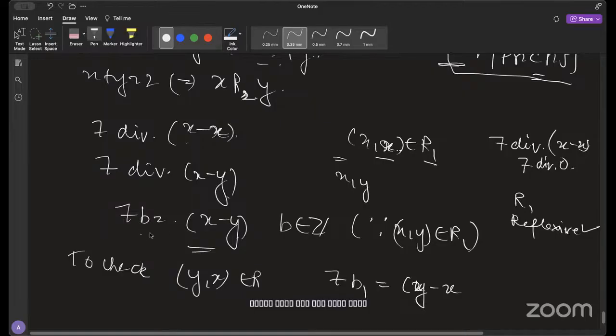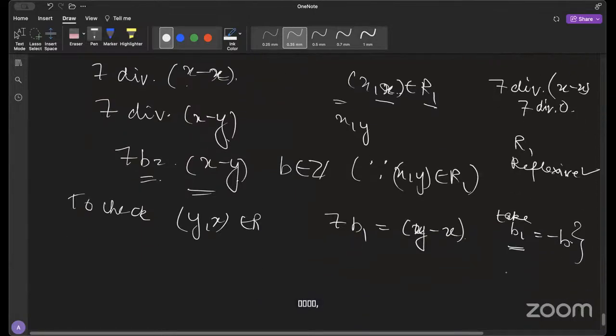If you multiply this equation with a negative sign, you can take B1 equal to minus B. You don't even have to do all this. You know that if a number divides 20, then it also divides minus 20, right? Yes, ma'am. So if you want to write it in a proper manner, that's how you write it.